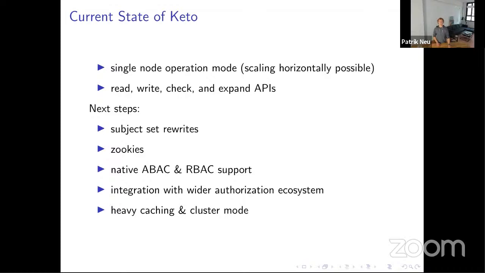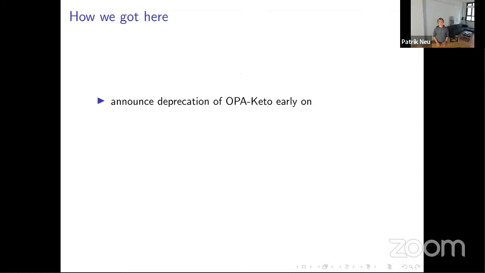So in general, how did we get to all of this current state that we have? We announced the deprecation of the previous legacy Open Policy Agent-based Keto early on. We really wanted to use all our channels to get in contact with the community and determine the best steps to take from there.